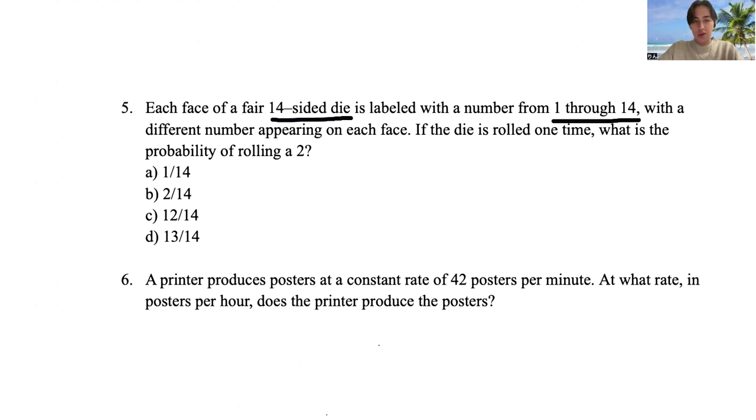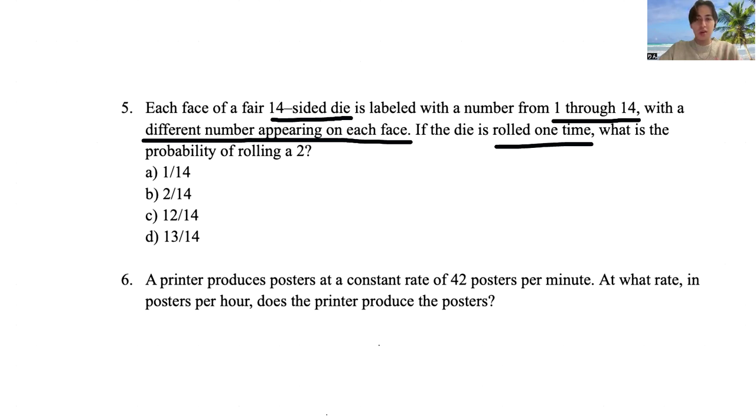So on each of the 14 sides there is a different number. There's only a 1 on one side, only a number 2 on one side, only a number 3 on one side, and so on. So if you're rolling the die only once, that implies you're only going to get one number, correct?